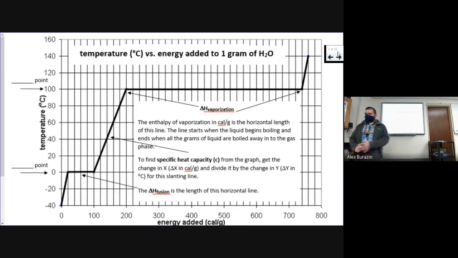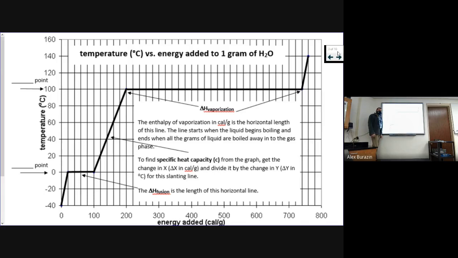So let's look at this graph. There are 5 regions of this graph. This is a phase change graph, meaning I have energy added across the x-axis, and on the y-axis I have temp.